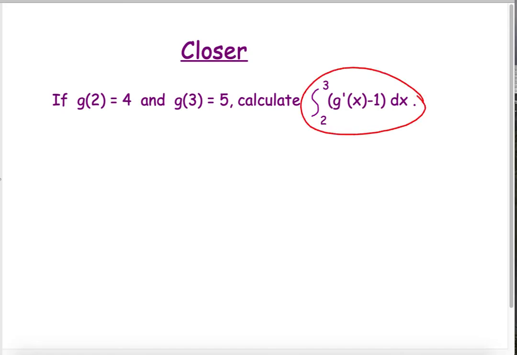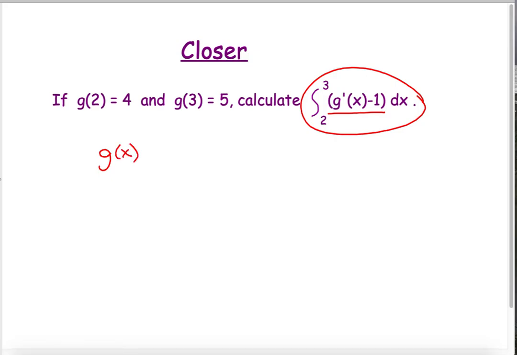It's a definite integral. We've done a lot of definite integrals. So what do we have to do? We have to take the antiderivative and evaluate it at the limits of integration. All right, so what's the antiderivative of g prime of x minus 1? Well, g prime of x is the derivative of a function, so the antiderivative, wouldn't that just be g of x?